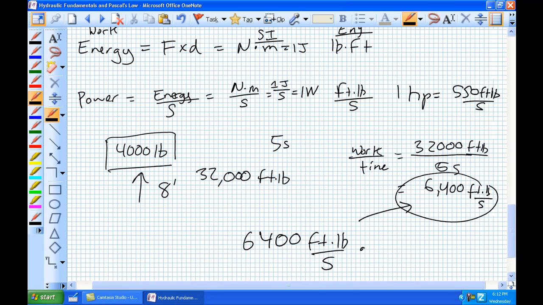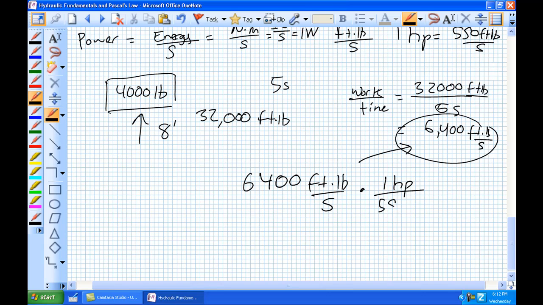So that means what I want on top, 1 horsepower. What I want to get rid of on the bottom, 550 foot-pounds per second. Because I'm multiplying by 1 in this case, because 1 horsepower does equal 550 foot-pounds per second. These units cancel out. I'm left with horsepower.